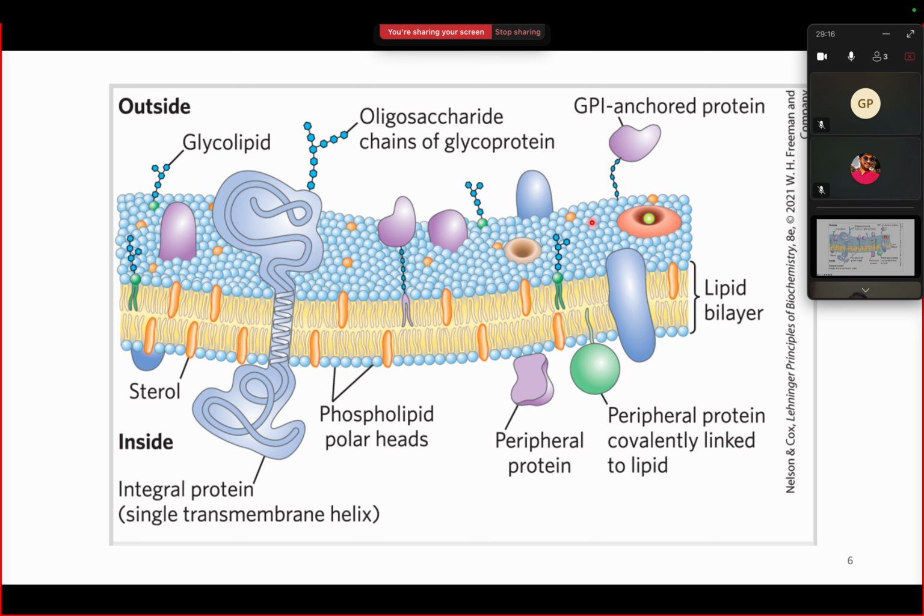Okay, so if we look at the basic structure of a cell membrane, we can clearly see that there are glycolipids. So what do we mean by glycolipids? Glycolipid means carbohydrate attached to the lipid. As you can see, this is the lipid head group, right? So these are phospholipids. The round structure is the head group, which is polar in nature, and this yellow part is called the tails, right?